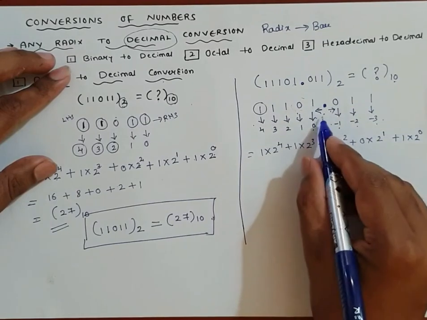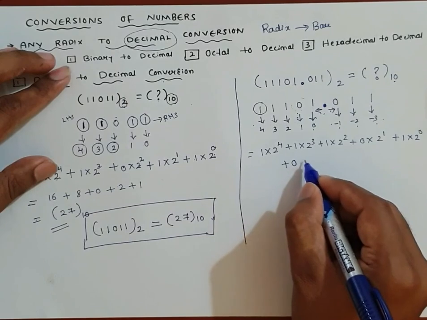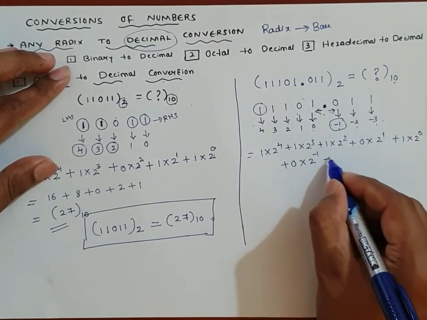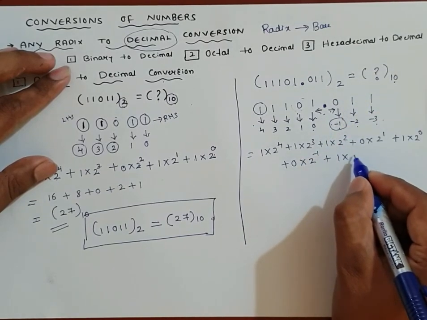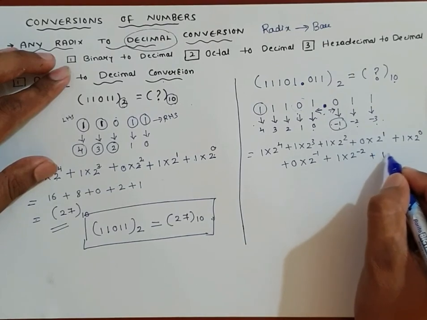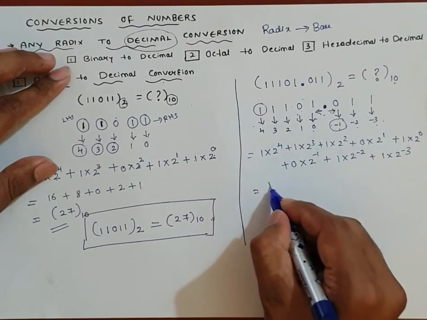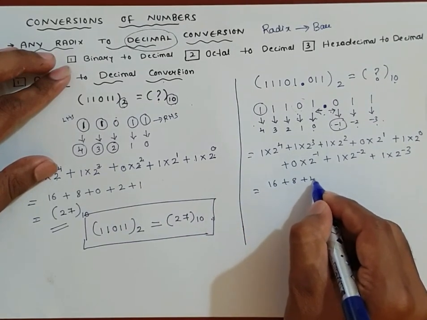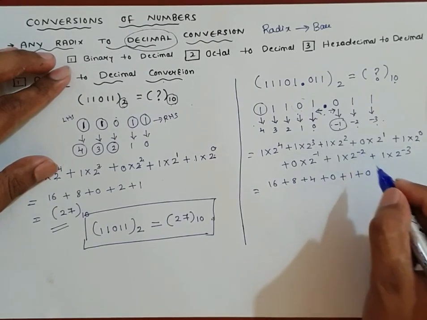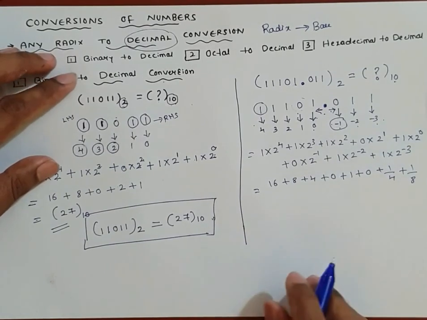So this is up to the decimal point, then continuation, again it is plus 0 into 2 power -1 plus 1 into 2 power -2 plus 1 into 2 power -3. The result should be 2 power 4 is 16 plus 8 plus 4 plus 0 plus 1 plus 0, plus 1 by 4 plus 1 by 8.